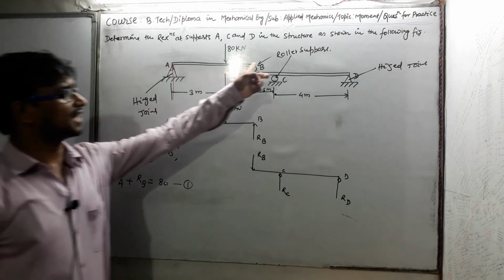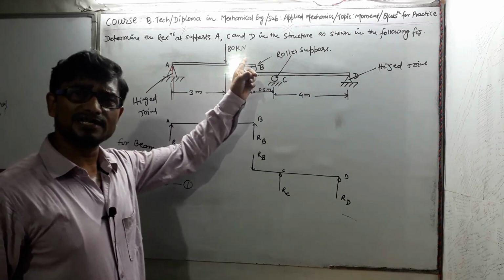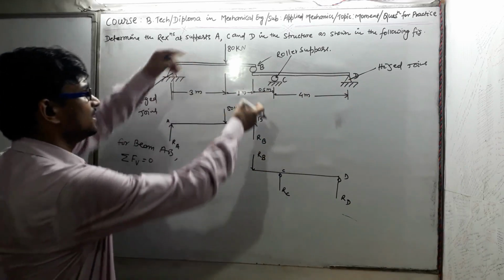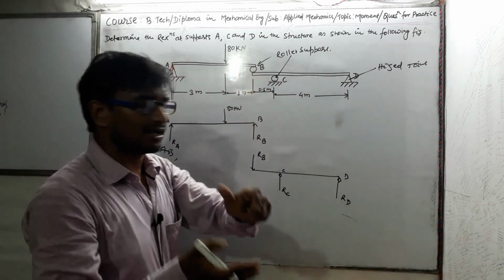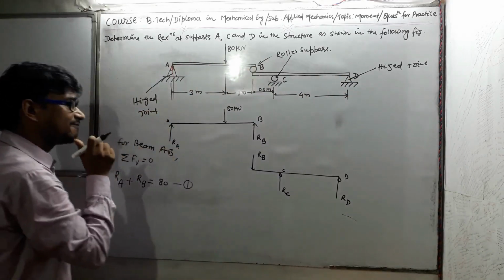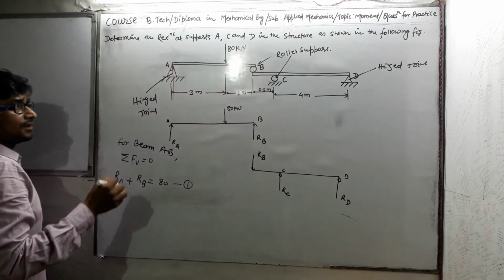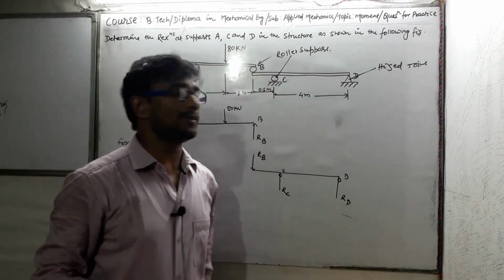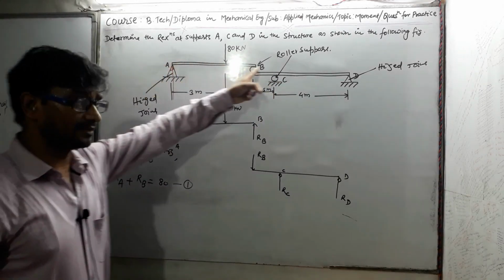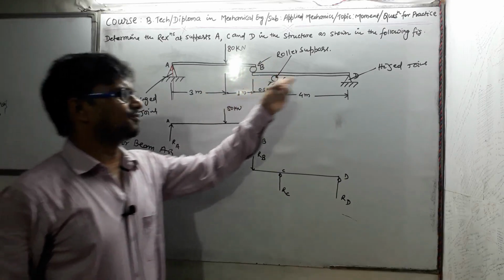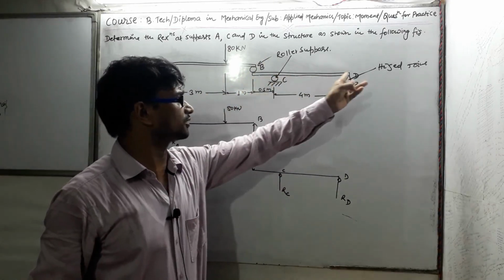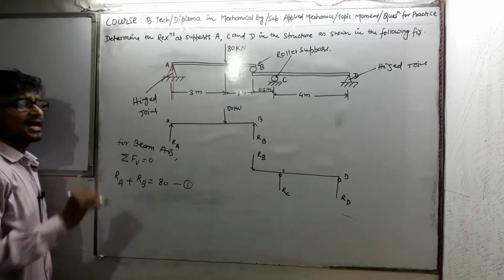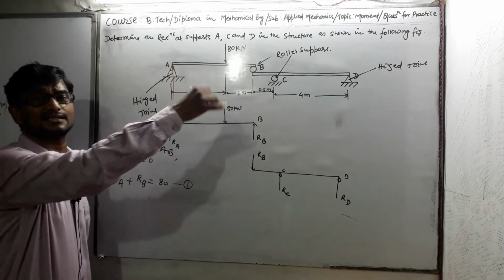Now you can see at point B, one roller support is here, so beam AB and beam BD are capped over each other. So now at point B, if we consider the moment center to be point B, then the summation of all moments about point B, for the upper beam AB as well as the lower beam CD, is 0, so that the rotational tendency would be arrested.